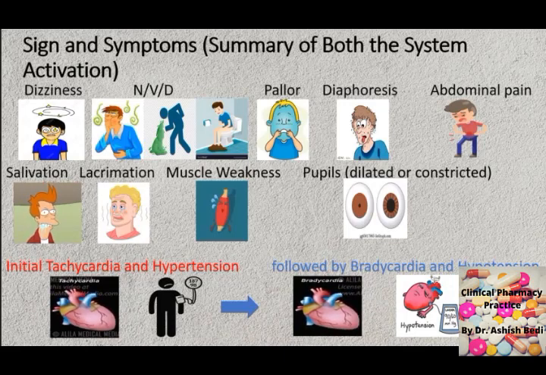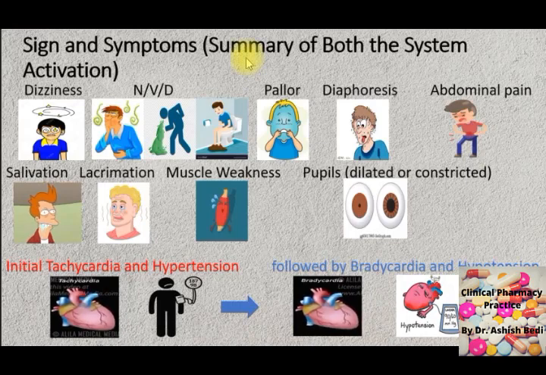If we summarize both the systems, the parasympathetic nervous system and sympathetic nervous system, it's not sequential. Don't imagine these signs and symptoms as sequential. It is just a summary to make you understand.